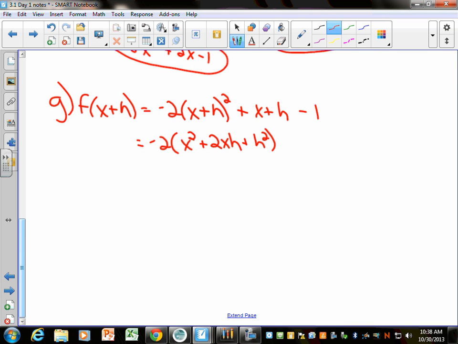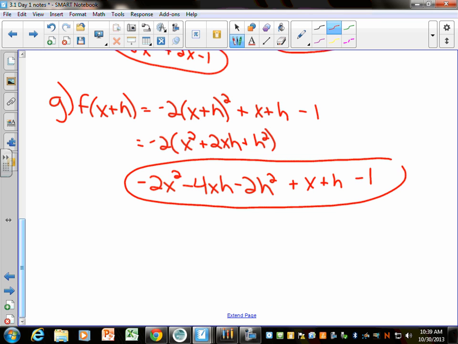So distribute that negative, and I get negative 2x squared minus 4xh minus 2h squared plus x plus h minus 1. Can I put any of that together? No. That's my answer. We'll add on to that eventually.